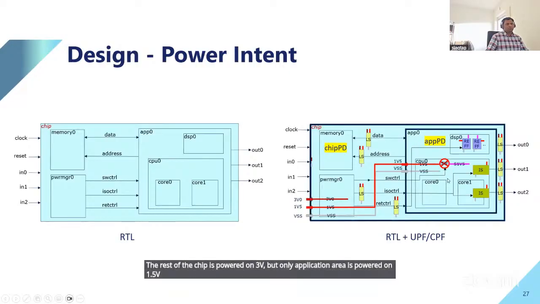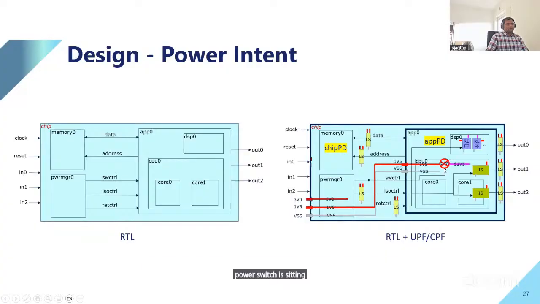Then a power switch is sitting here. The power switch is an analog block which has a digital input, called for example on off or switch, that is controlled by the power manager. The power manager will turn on this power unit for a certain application, and your CPU will get turned on.